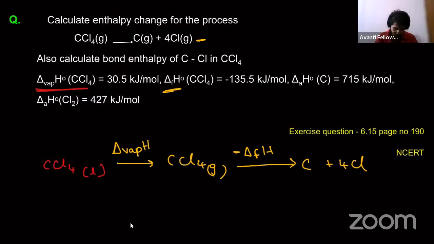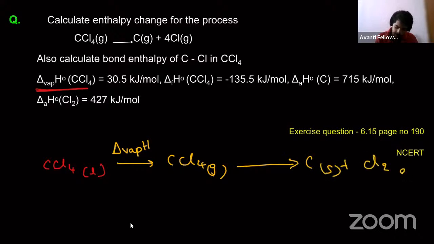Let me clear this once. Carbon will be given in the form of solid and chlorine will be given in the form of gas, right? This is what we'll be seeing, 2Cl2.